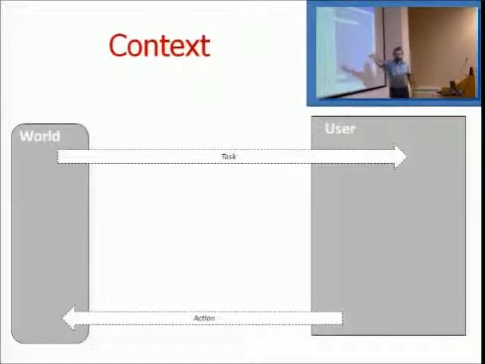There's a mind and there's a world. And there's interaction between the mind and the world in that the world requires something. There's some need, some task, and there's some action to respond. And the task can be from your supervisor, from the need, from yourself. There's a task that something needs to be done, and then you do it. Okay? And this is the overall context that is important in visualization context.